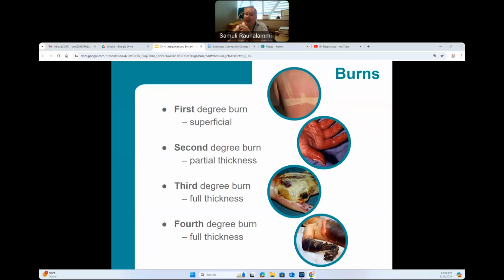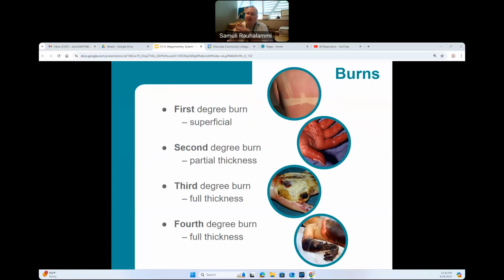If 10% of the body is covered with third or fourth degree burns, that also makes the burn critical. If we have third or fourth degree burns on the face, hands, feet, or genitals, that would also make the burn critical.